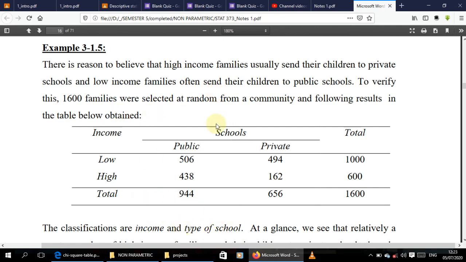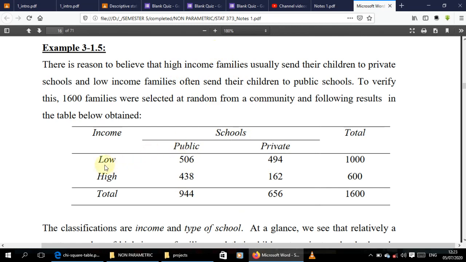You could see that the two categories are income levels, either low or high, and the kind of school, either a public school or a private school. So this is chi-square homogeneity.